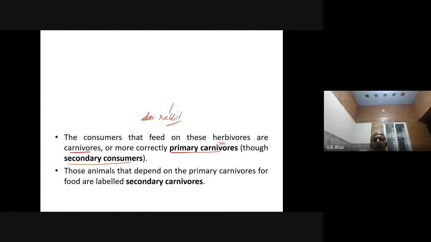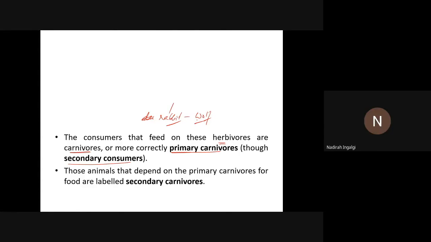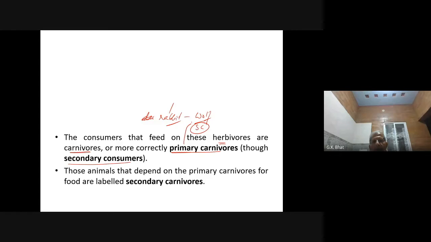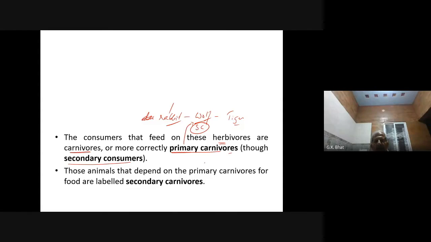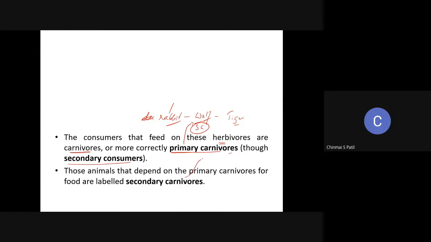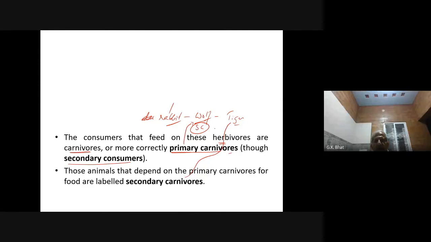Wolf is secondary consumer, carnivore. Tiger is tertiary consumer, secondary carnivore. So a simple grazing food chain, GFC. What is the DFC? Detritus food chain.